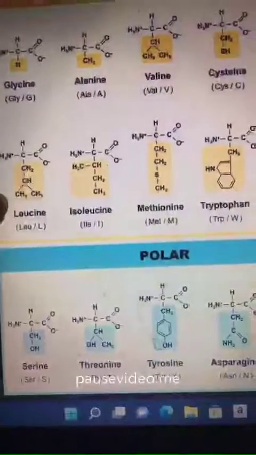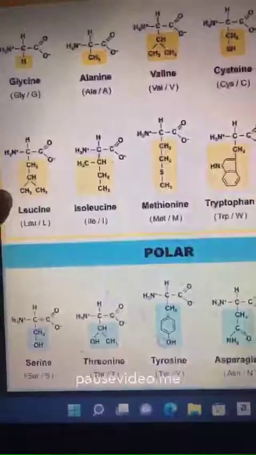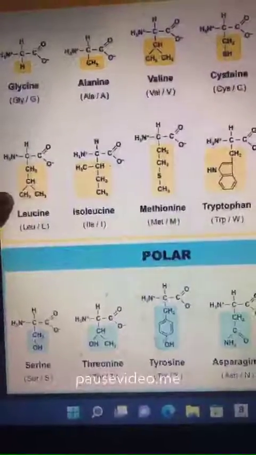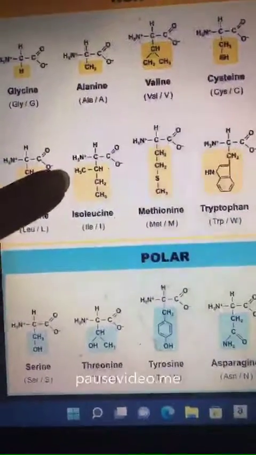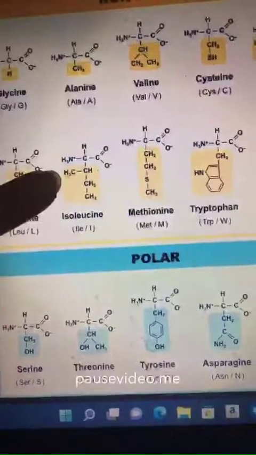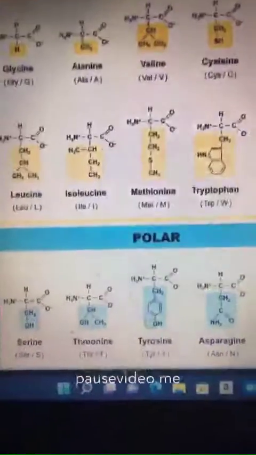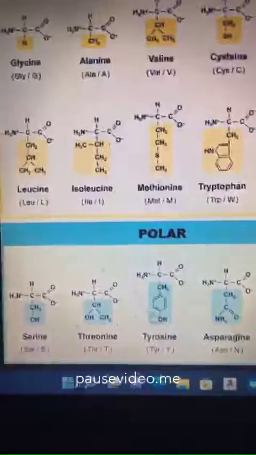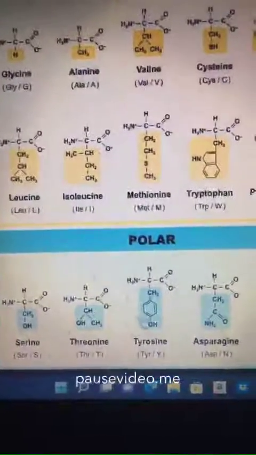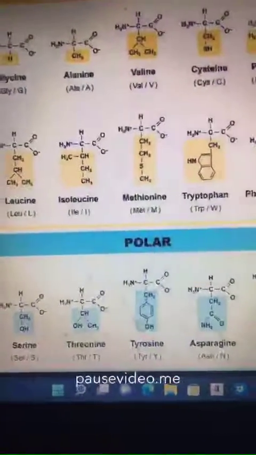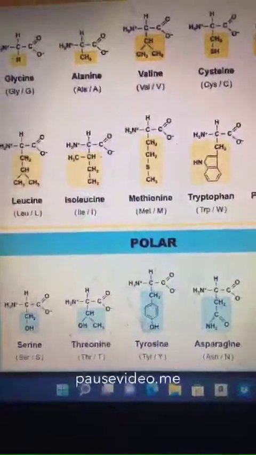On leucine it's at the bottom, and really the only difference is that it's now moved up here. Everything else stays the same. So isoleucine can be a great replacement for leucine.